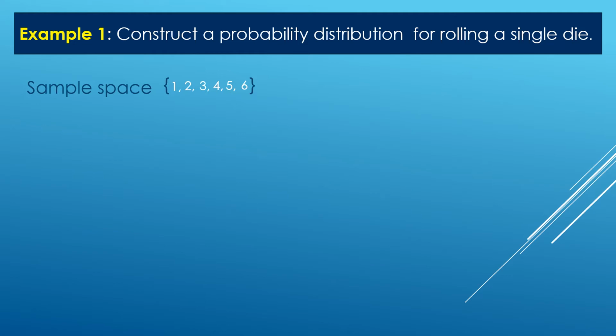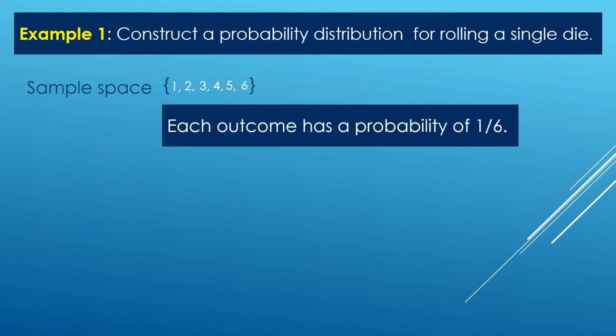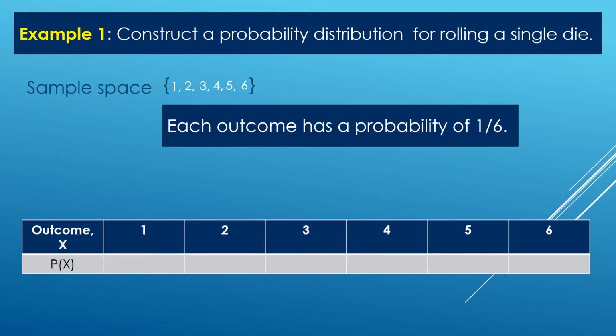Then, each outcome has a probability of 1/6. And then we will make a table. First column, we got the random variable x. For the outcome, we have 1, 2, 3, 4, 5, and 6. And the probabilities are the same. So we have 1/6. They are all the same. Okay?